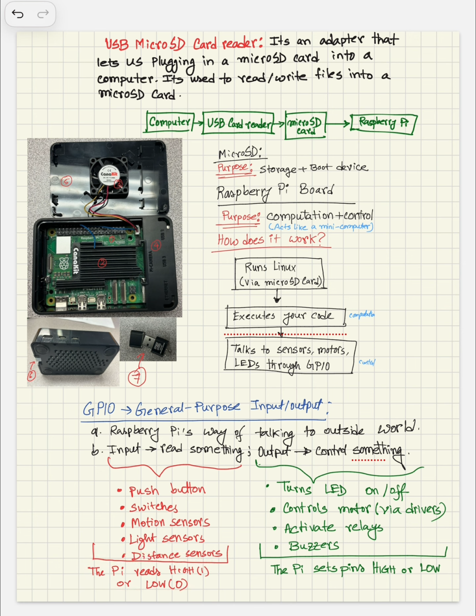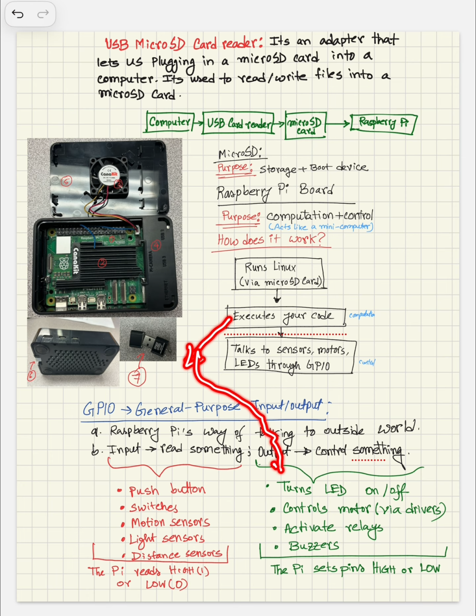So for example, when we push a push button, it sends a certain signal, say 1, to the Raspberry Pi board. And here some sort of calculation or computation takes place, and then it provides an output.